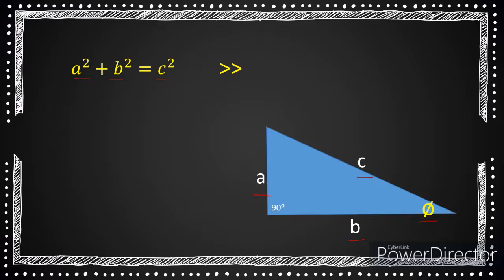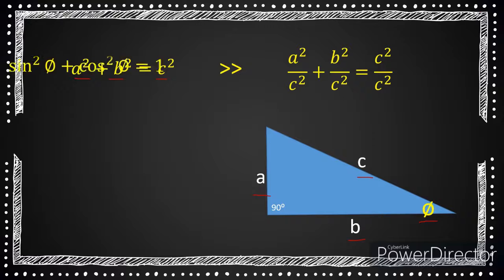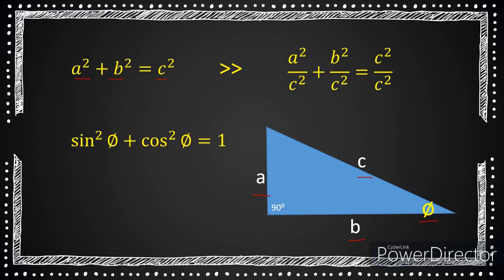And we try to divide them all by c squared, and we'll get this equation. You will find a squared over c squared is sine squared phi, and b squared over c squared is cosine squared phi, and c squared over c squared is 1.